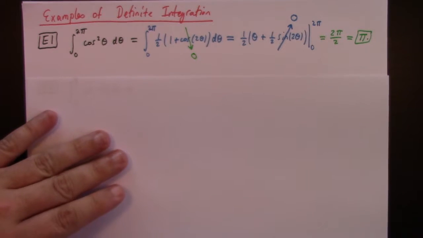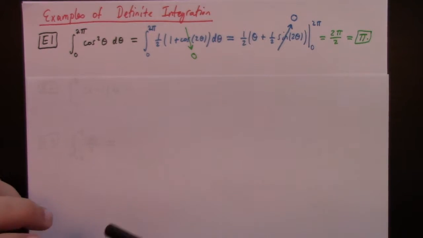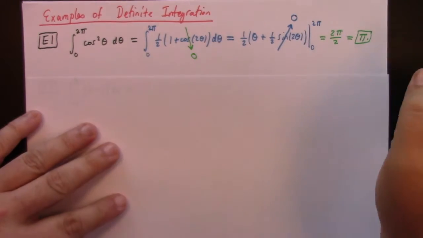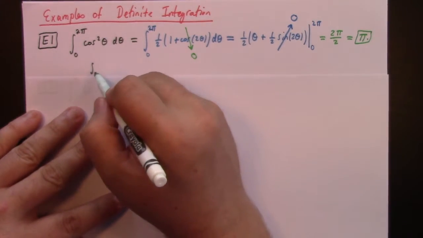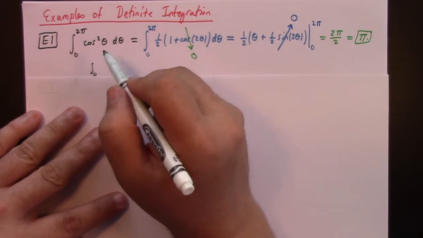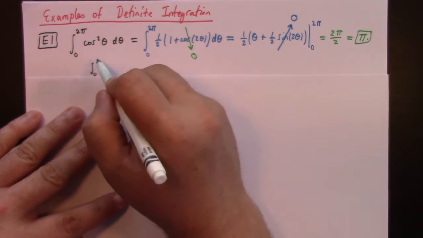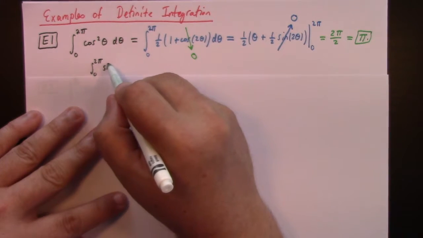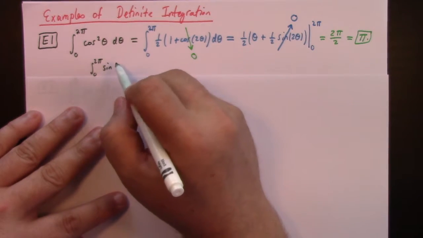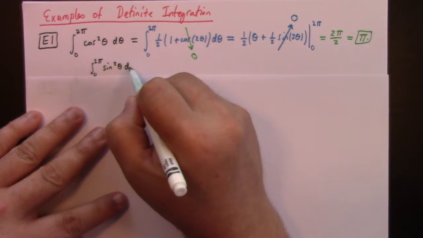Well, I guess one other side comment here. If you think about the shape of cosine theta, and the shape of sine squared theta over a full 2 pi cycle, you notice that it's the same shape, right?